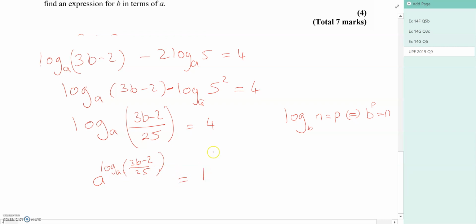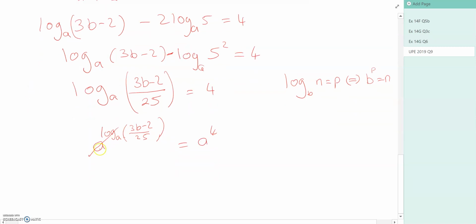And so I've taken a to the power of both sides. Now a to the power and log a are inverses, just like in the earlier question, e and ln cancelled. A and log a cancel. So leaving me with 3b minus 2 over 25 equals a to the power 4.